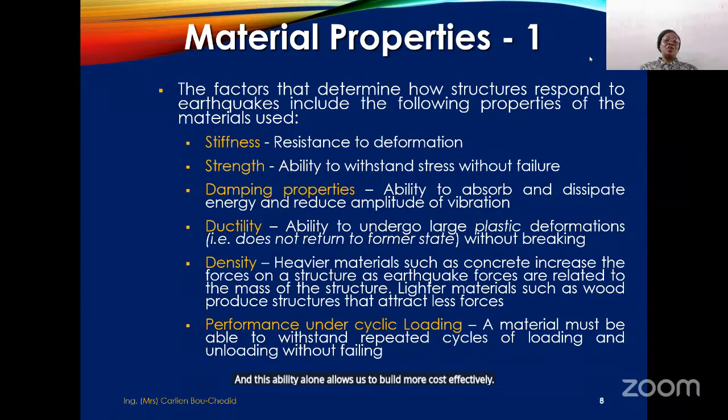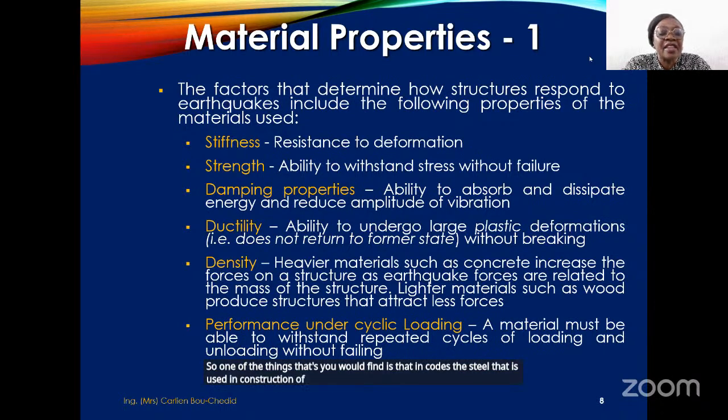So one of the things that you would find is that in codes, the steel that is used in construction of reinforced concrete has certain specifications, and those specifications are to ensure that the steel is ductile and can undergo large plastic deformations.